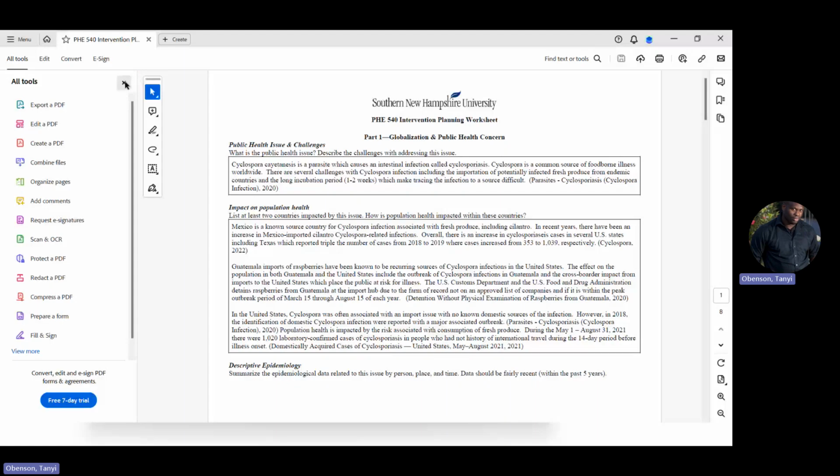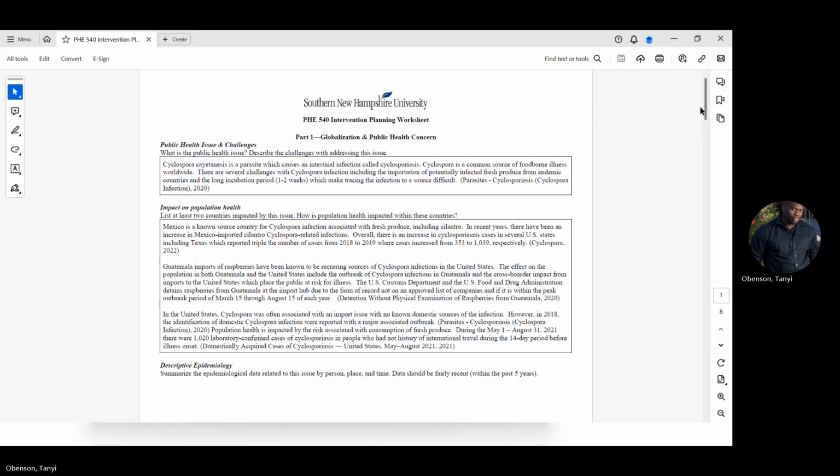So here's a sample of Journal 6. This person picked Cyclospora cayetanensis, which is a parasite. So you want to talk about what the public health issue is, the population that it impacts.